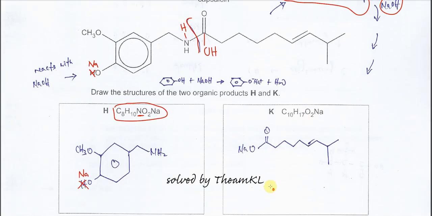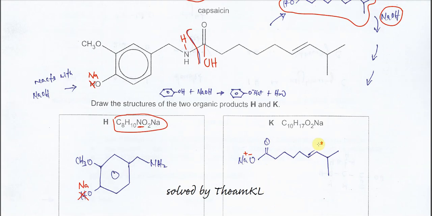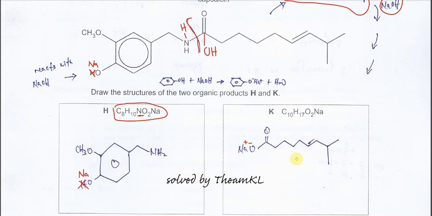So this one is the salt, COO negative, and this is the sodium. And of course, this part has no reaction. Again, you can check with the carbon, hydrogen, oxygen and sodium numbers.